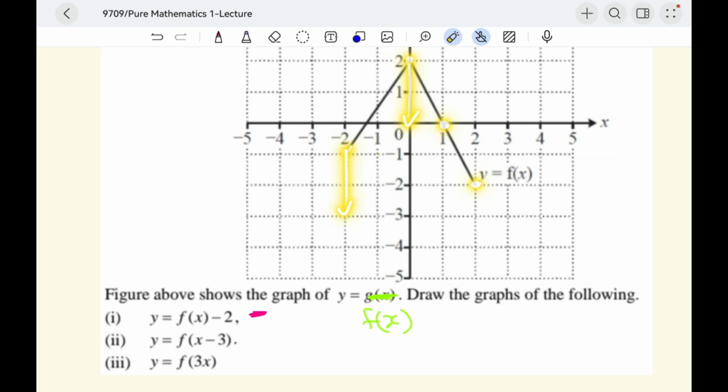That means the slope, the size, won't change. So for this, you move down 2. For this, you move down 2. For this, you move down 2, and here as well as here. So you can see that the gradient doesn't change.